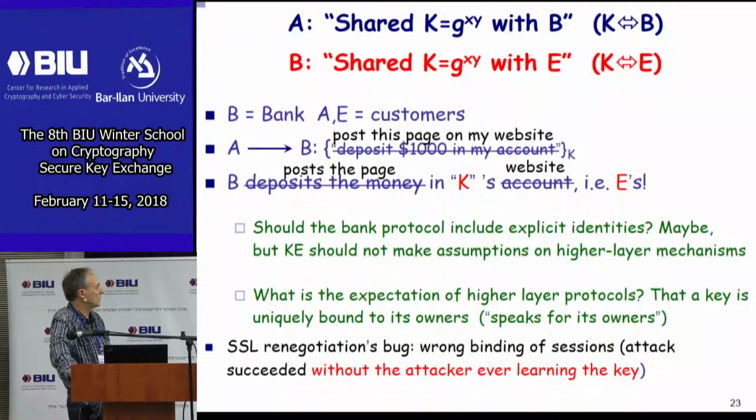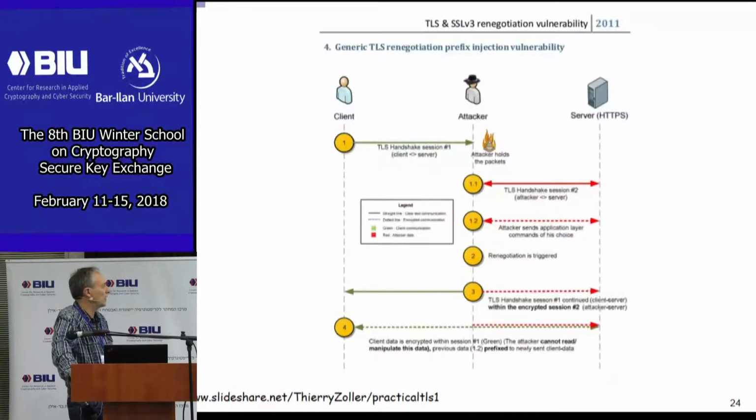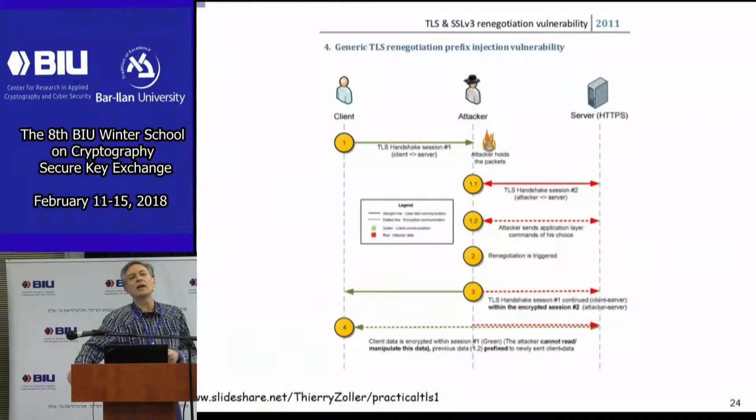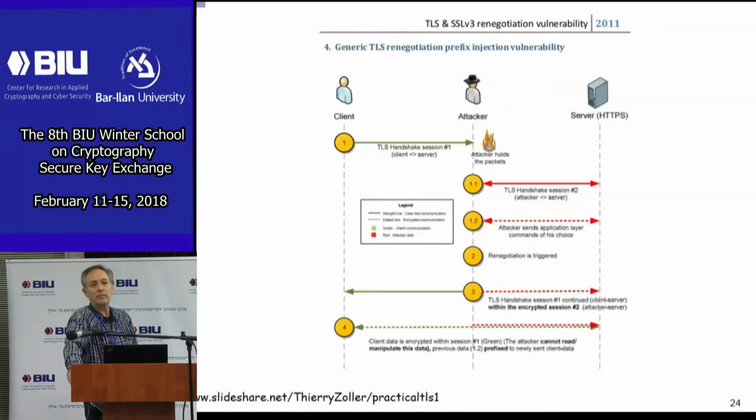So maybe that was something private for Alice, and now it's being posted some other place. I will not get into the description of the renegotiation attack. Maybe you'll see that in one of the coming days, because it's definitely an important example of what can go wrong in a key exchange protocol in very, very practical terms.